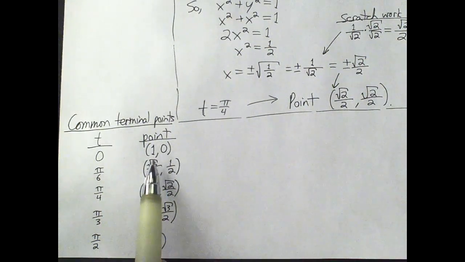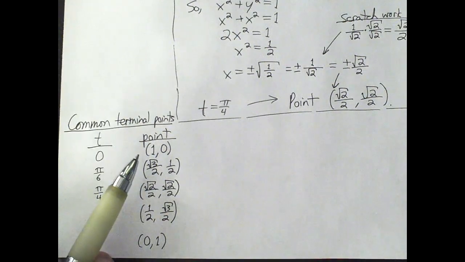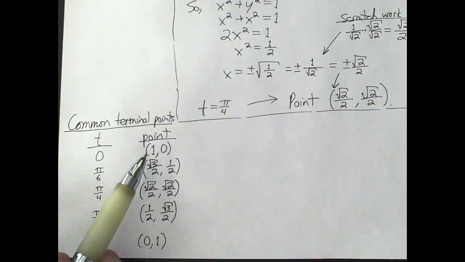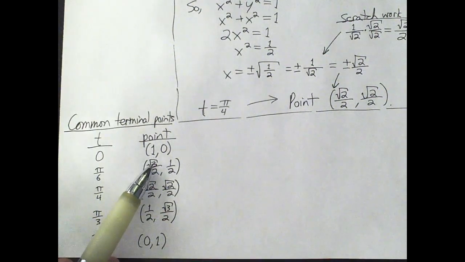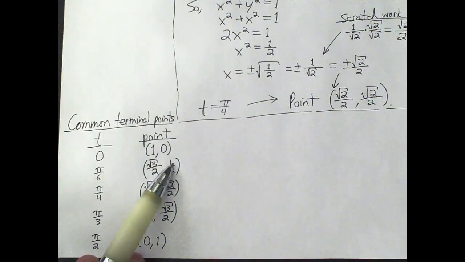It goes 1, square root of 3 over 2, square root of 2 over 2, 1 over 2, 0. So they're decreasing. It starts at 1 and works its way down to 0. And on the other side, it's the other way around: 1, square root of 3 over 2, square root of 2 over 2, 1/2, 0.